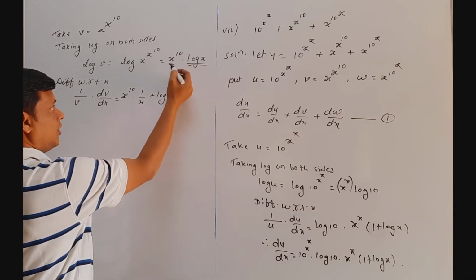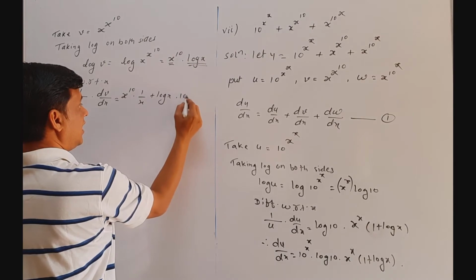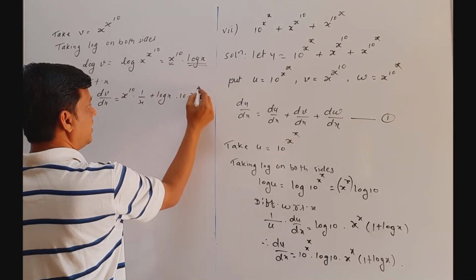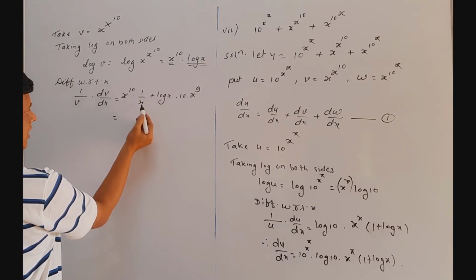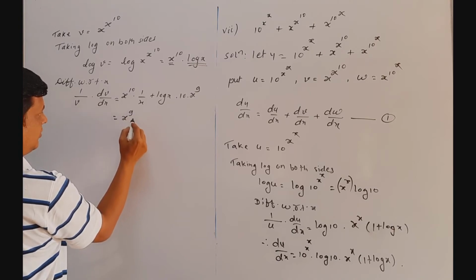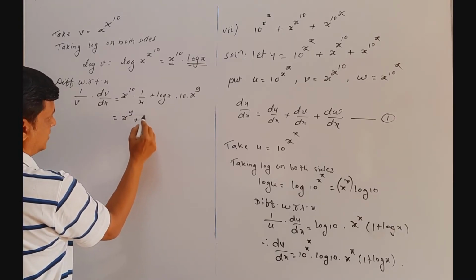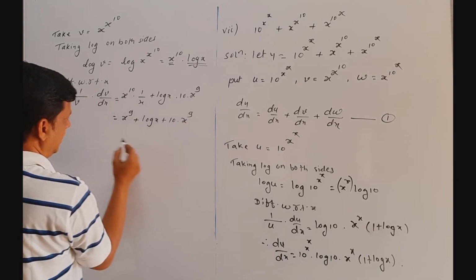Here we apply the derivative of x raised to the power n, so we write 10 into x raised to the power 10 minus 1, which is 9. Here x raised to the power 10 upon x, so one x gets cancelled. So we write x raised to the power 9, plus log x into 10 x raised to the power 9.